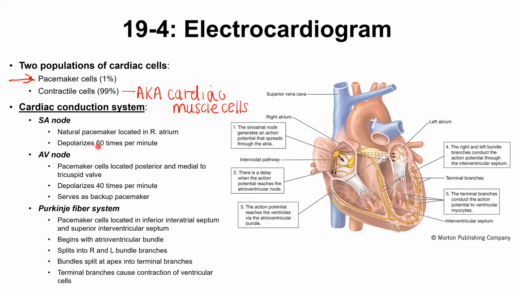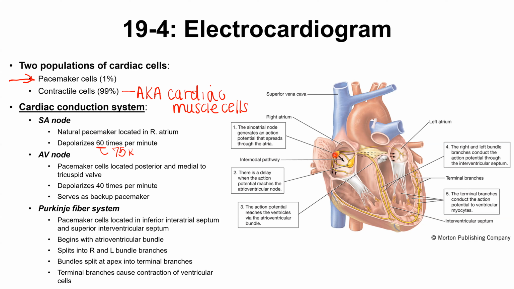So really, for lab, I'm going to say 60 times per minute, but it can be up to 75 times. But for lab and for the exam for lab, know that the SA node is about 60 times a minute.